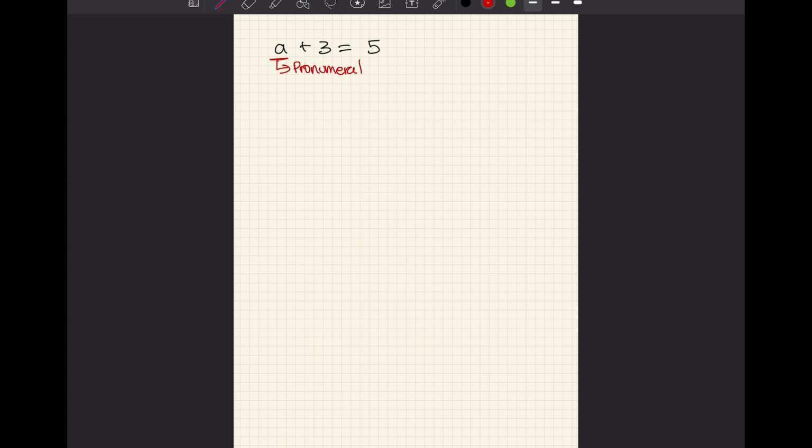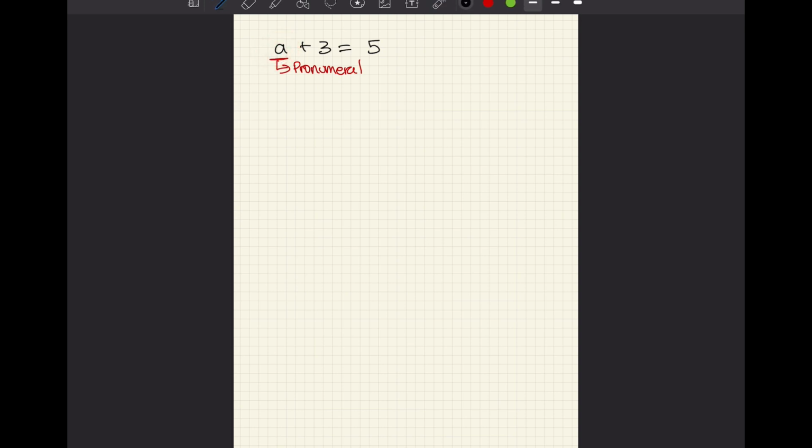Okay, so that's a number which stands for another number. So today we're going to be looking at simultaneous equations. So that is equations where we might have more than one unknown or more than one pronumeral.